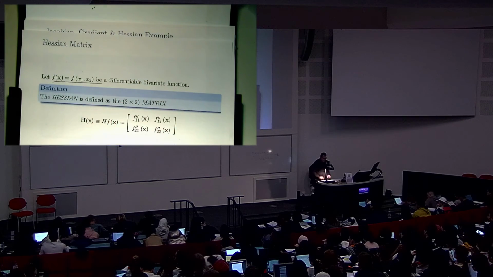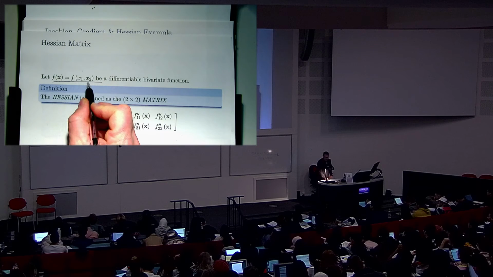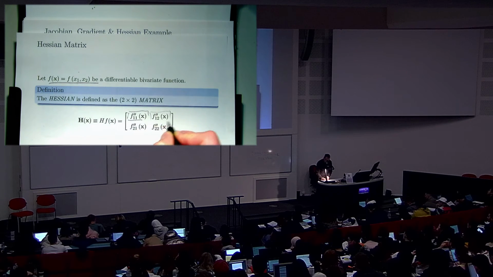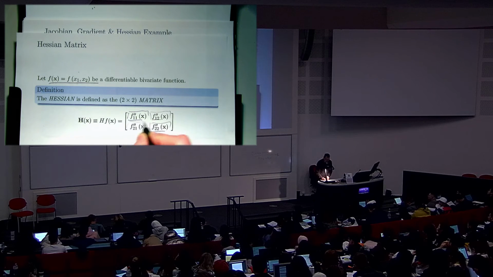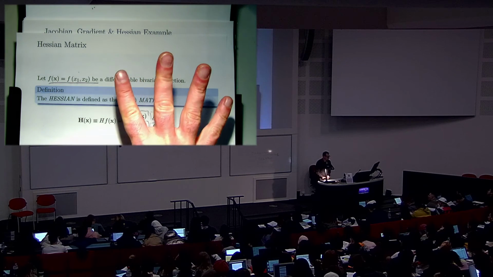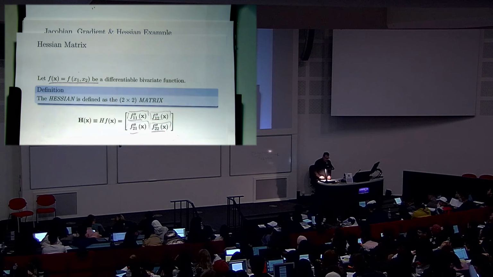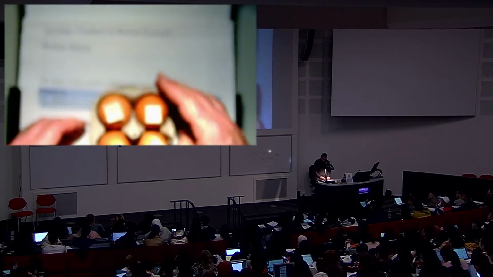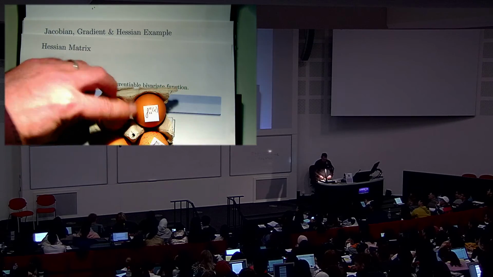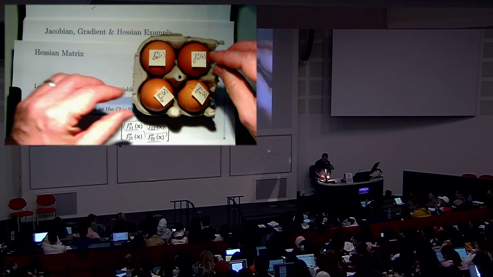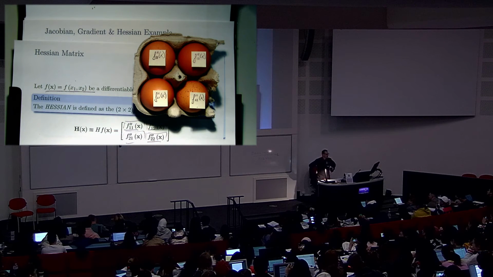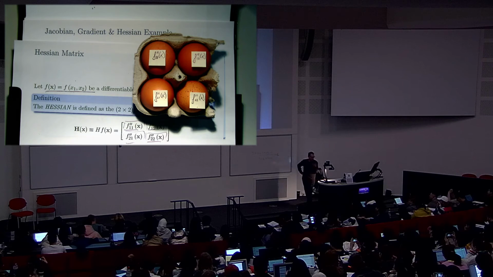So, what's the Hessian matrix? We're working in the same environment, our bivariate function. Remember what these terms were? These were the second order partial derivatives. And we said we had 4 of them, right? So the Hessian matrix is nothing else but a container for our second order partial derivatives, in this case 4.